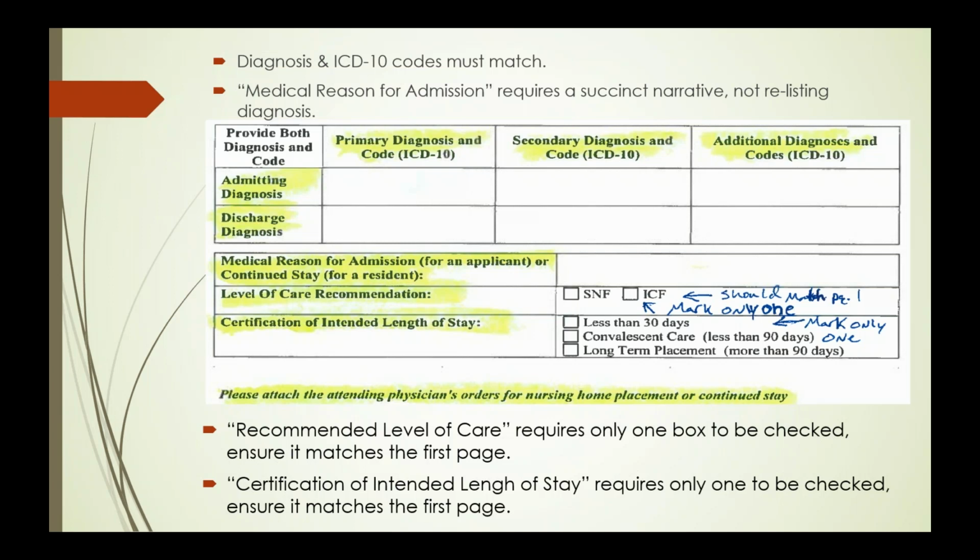This is also the page where the physician puts down the recommended level of care. Please make sure that the recommended level of care matches on the first page of the LTC form. The certification of intended length of stay, please mark only one box in this section. Next slide, please.